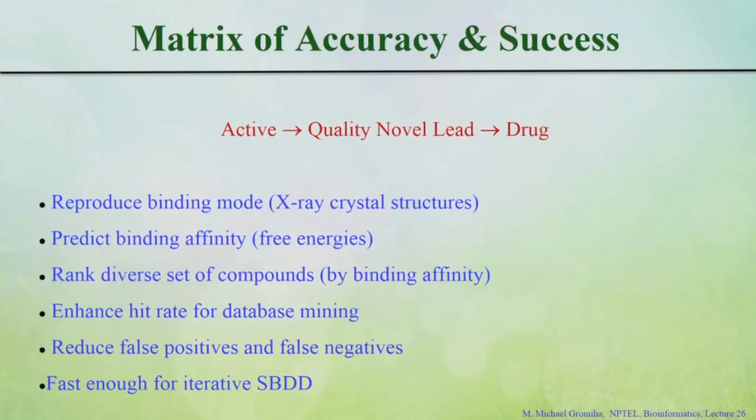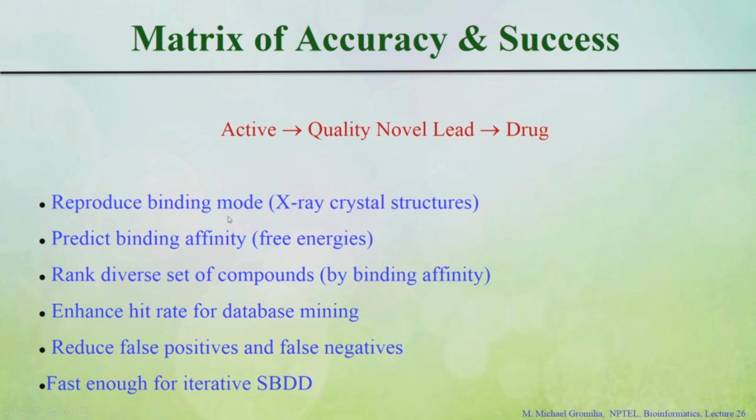Then what do we need in the virtual screening? So, there are a set of compounds. There are several actives, some of them are inactives. So, we need to identify the actives and inactives, reject the inactives and get the positives. Then we have to get quality in our lead, because if it is quality, then it could potentially be a drug.